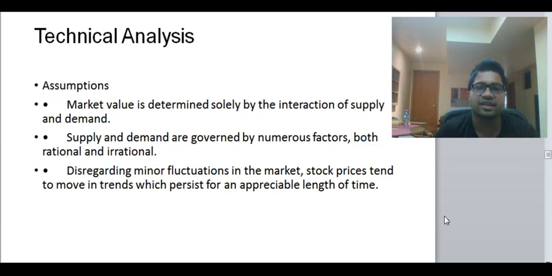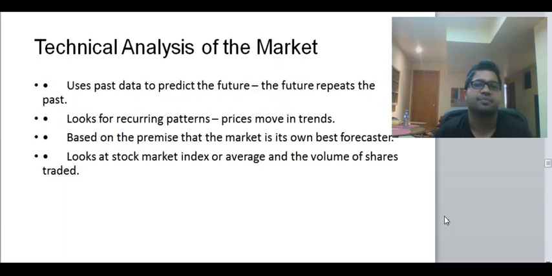Assumption of technical analysis: market value is determined solely by the interaction of demand and supply. Supply and demand are governed by numerous factors, both rational and irrational. Disregarding minor fluctuations in the market, stock prices tend to move in trends which persist for an appreciable length of time.